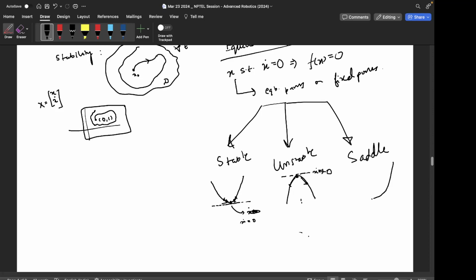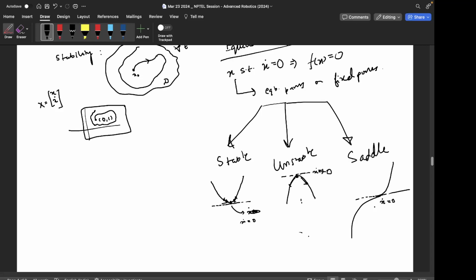And the third is the saddle point. Saddle point is like half of both the stable and unstable world. It's like plots like these, in which at this point the slope is 0, x dot is 0, but there is no guarantee; it depends on which side you displace it, it behaves differently, right? So if I displace it slightly towards the right, it comes back, but if I displace it slightly towards the left, it goes away, right?